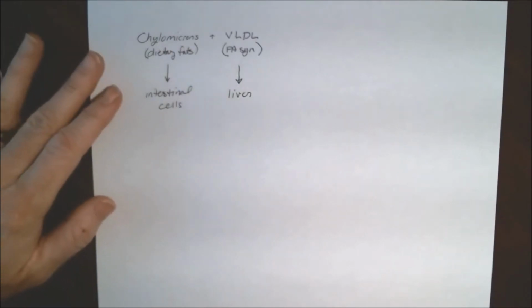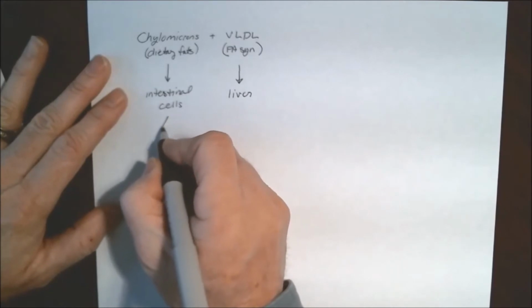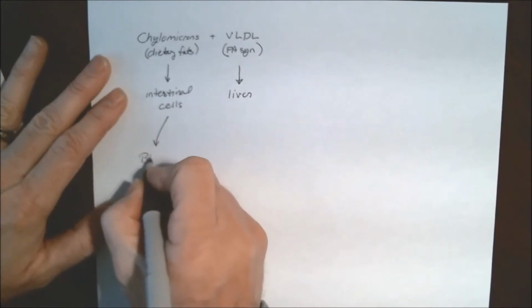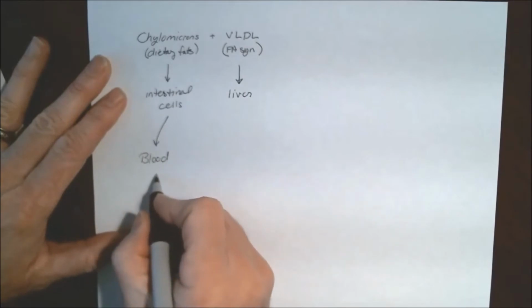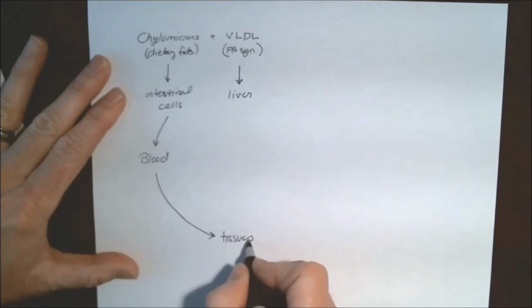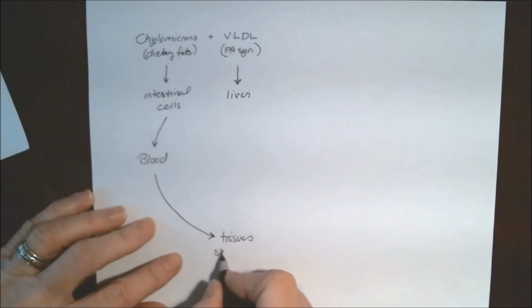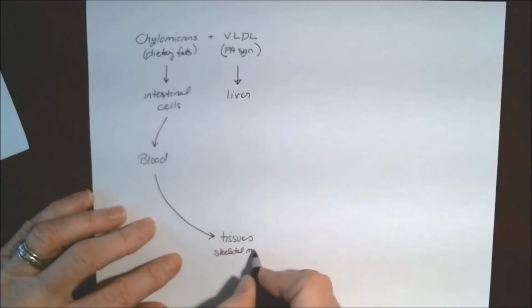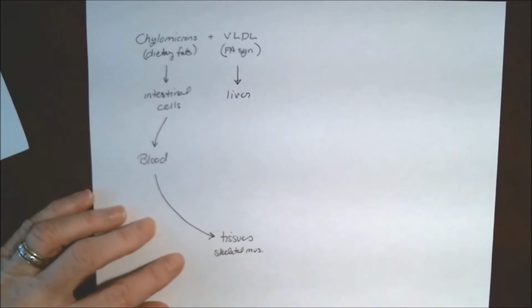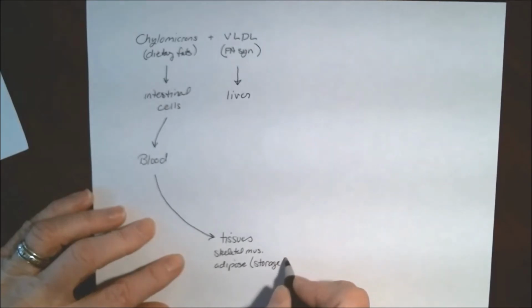And during the fed state, in the postprandial state, we have our chylomicrons. These will circulate in the blood, and they will provide tissues that need fat. For example, skeletal muscle that will use fatty acids for energy, or adipose tissue for storage of these dietary fats.